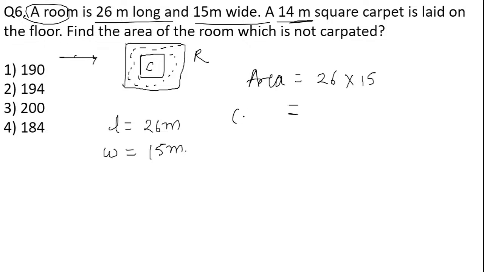So here the carpet is square shaped. So what will be the area of the carpet? We know for the area of any square, we take side square. So what will be the carpet area? 14 into 14, side square.